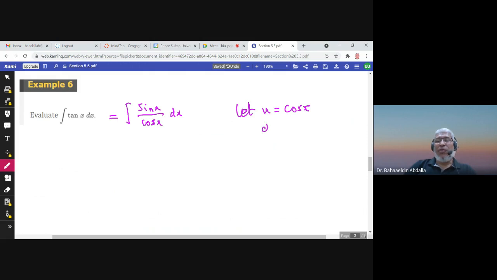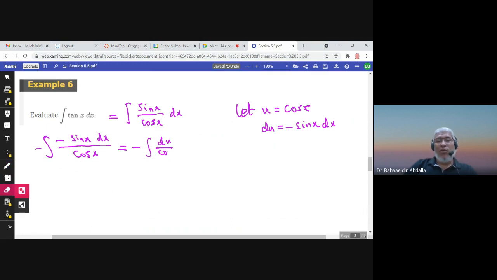Now what would be du? The derivative of cosine is negative sine x dx. Well, I have sine x dx, but I need a negative sign. So I can multiply by a negative sign outside. So this would be negative sine x dx is du over cosine x, and cosine x would be u.